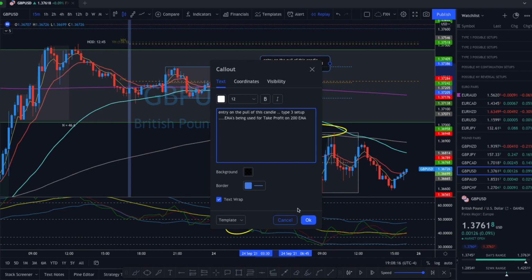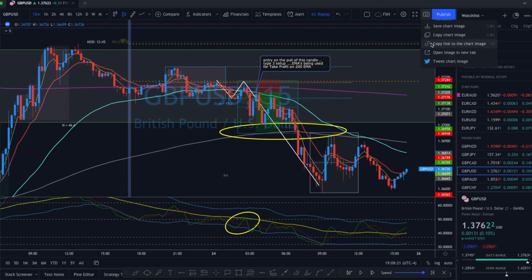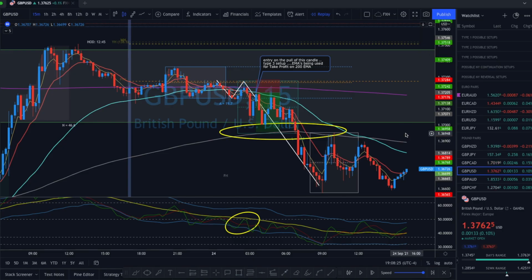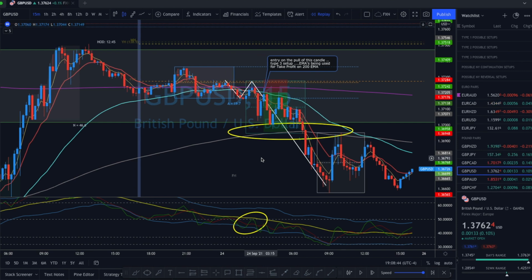Like that. Boom. Take your picture, take your link. Boom. There's your example for using the EMAs for take profit. So one actual setup has essentially allowed you to produce 3 examples for the 3 different things that I'm looking for. Okay.